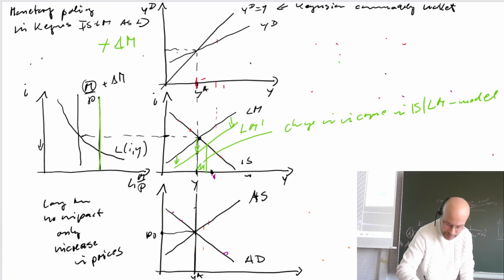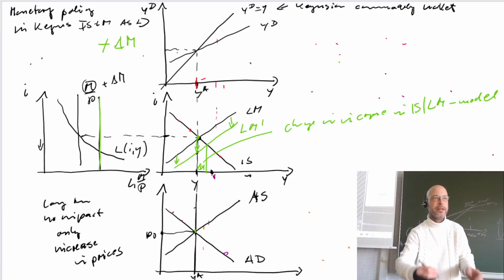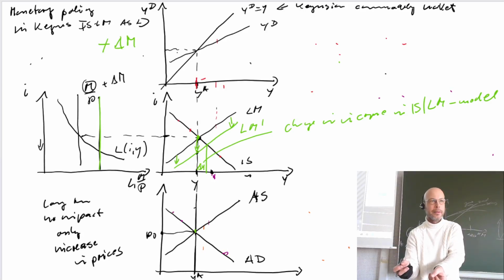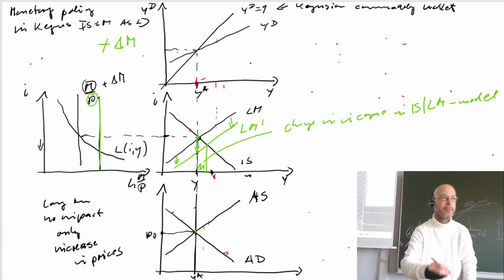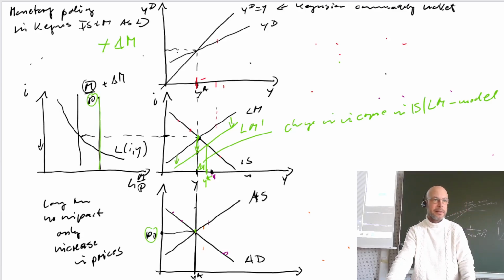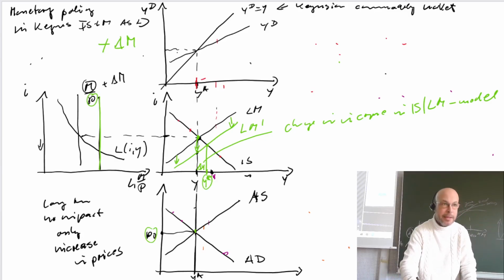Well, this point here corresponds to this intersection in the ISLM model. And this was calculated with a specific price level. This was here P0. But now we have a new intersection at this point, giving us this new income level, but this income level still corresponds to the same price level as before. So this shifts to the right here.